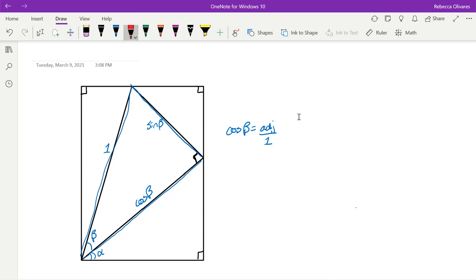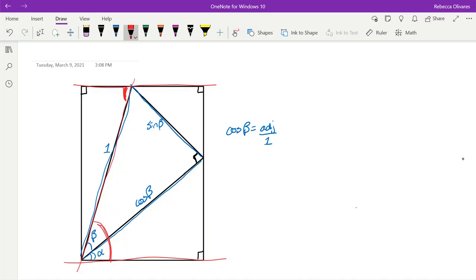Okay, next thing I want to talk about is this angle right here, this angle up here. We have a rectangle, and of course the opposite sides here, so that side and that side, those are parallel. And then we can look at this side right here as being a transversal. So parallel lines cut by a transversal means that this angle is alternate interior with these angles down here.